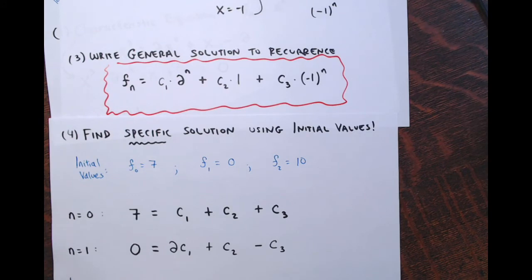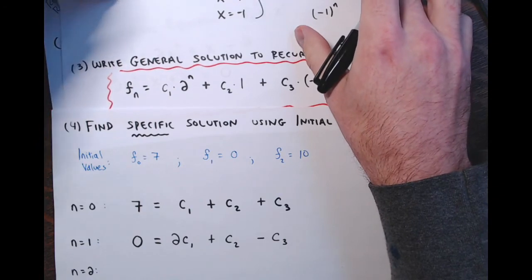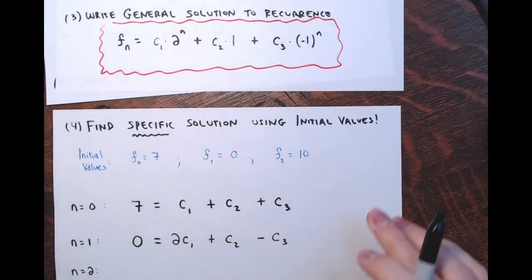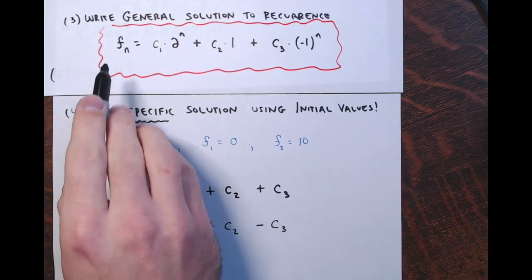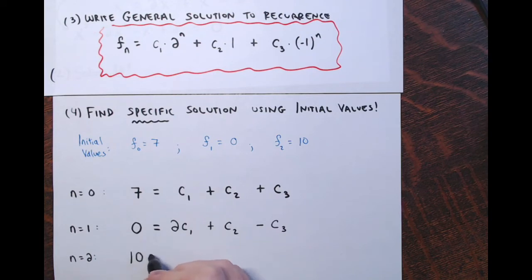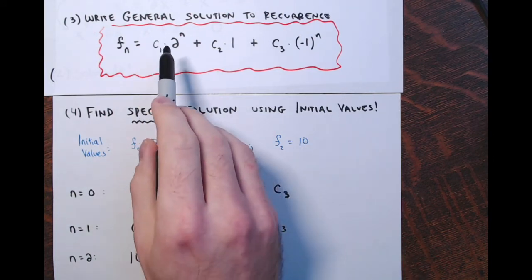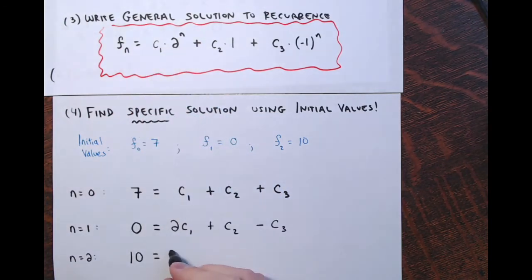And then finally, for the third equation involving C1, C2, and C3, I plug in 2 for n. The left side, F2, is 10. Plugging in 2 for n, 2 to the second is 4, so I got 4 C1 now.